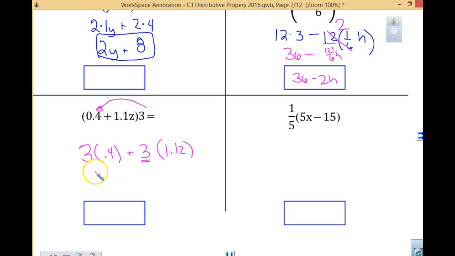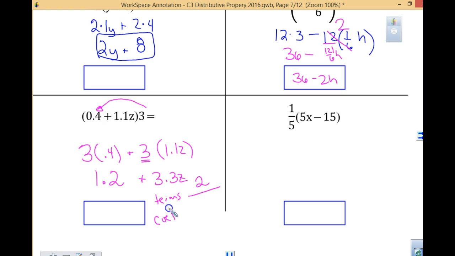3 times 4 is 12. This is going to be 1.2. 3 times 1.1z should come out to be 3.3z. If I asked you how many terms we have here? 2. They're separated by an addition sign. Okay.